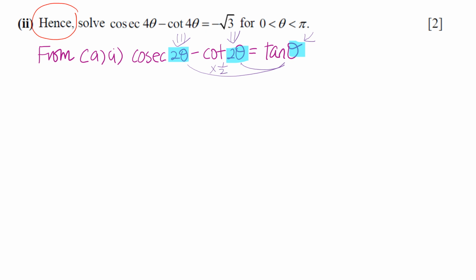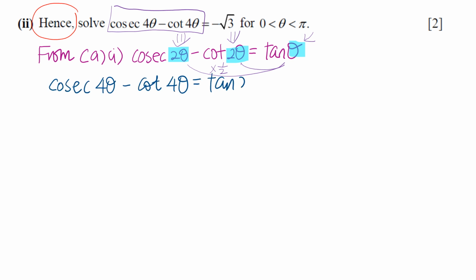So therefore, cosecant 4 theta minus cotangent 4 theta can be expressed as tangent 2 theta, because half of 4 theta will give you 2 theta. Right, so what we are solving here is tangent 2 theta equals to negative square root 3.